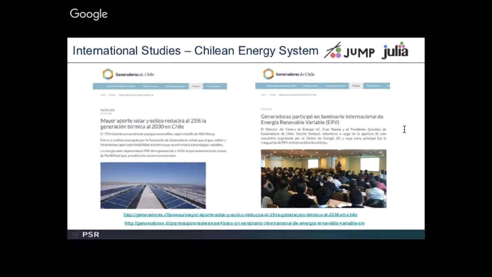As I said, we made 2 important studies with this model. The first one is an international study on the Chilean energy system. The study was paid by the Generators Association. They were worried about what would happen with the operation and maintenance costs, given a high amount of renewable penetration.